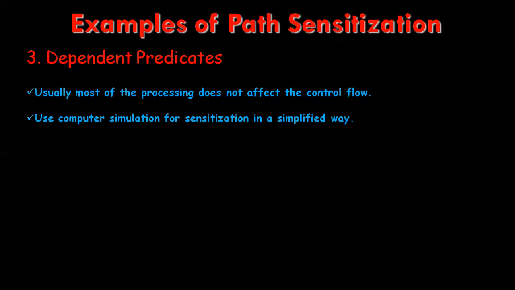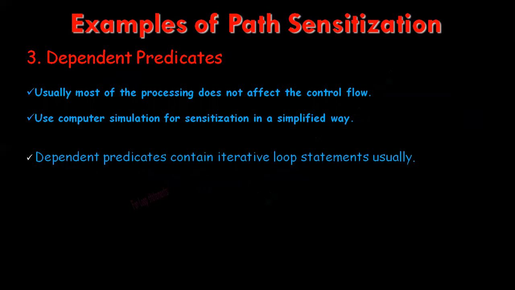Usually, and thankfully, most of the routine's processing does not affect the control flow, and its consequences can be ignored. So we have to simulate the computer only to the extent that is necessary for forcing those paths. Here, loops are the most common kind of dependent predicates.